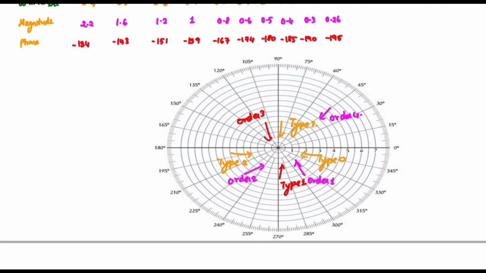Order 4 means the total s power values. Since the phase is negative, you can see the angle in degrees is 0, 90, 180 and 270 degree. Here the phase is negative, so you have to move it in the negative direction, clockwise direction.